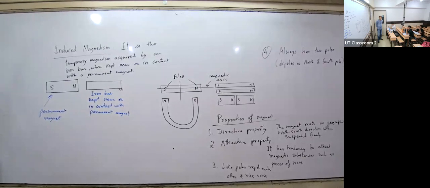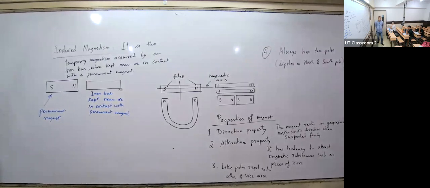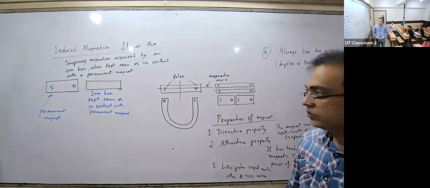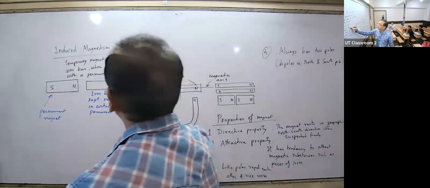So how does it acquire magnetism? It turns the iron bar into a magnet. Correct.